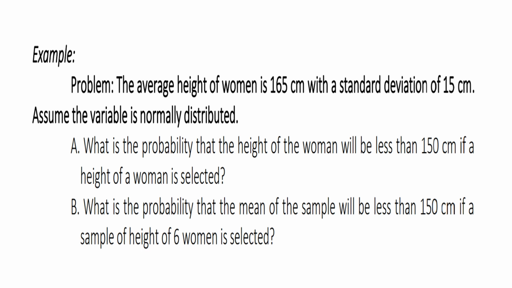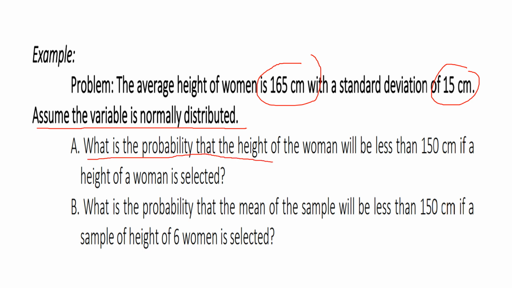For example, or problem: the average height of women is 165 cm with a standard deviation of 15 cm. Assume the variable is normally distributed. For letter A, what is the probability that the height of a woman will be less than 150 cm if a woman is selected?